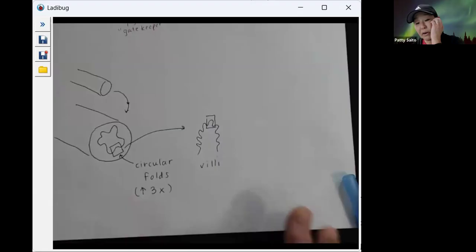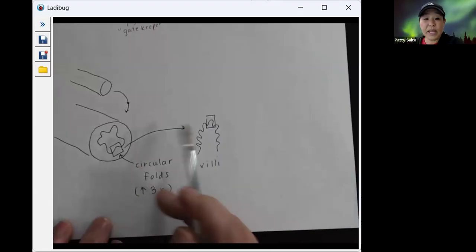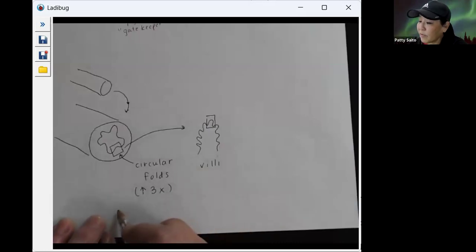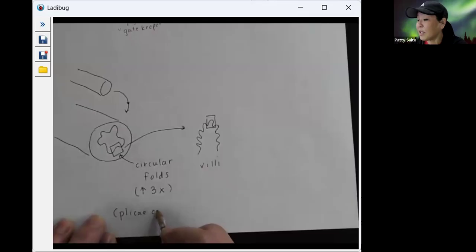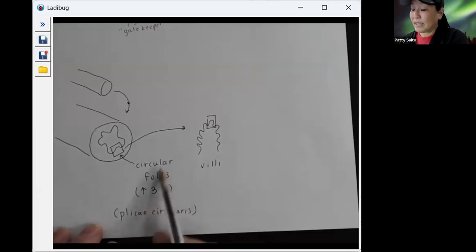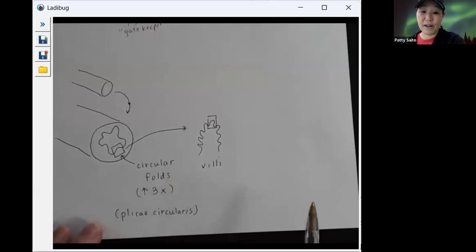Another name for circular folds is plicae circularis. So these are the same thing as circular folds; they might just call them plicae.